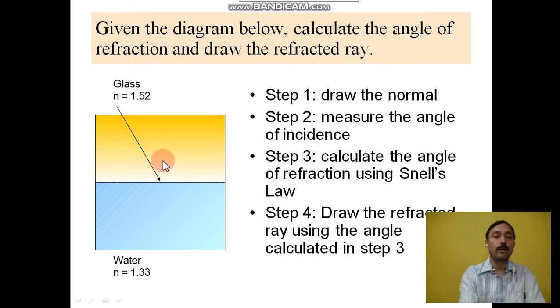If we draw the normal, theta 1 will be found out. Now putting this into the formula, we can easily calculate the refracted angle, and then we can draw the refracted ray also using scale and protractor.